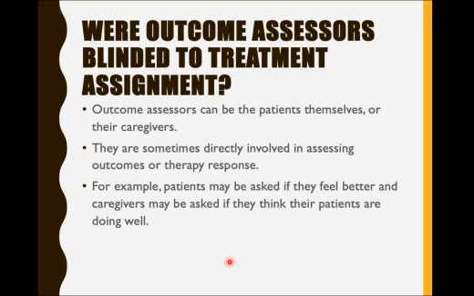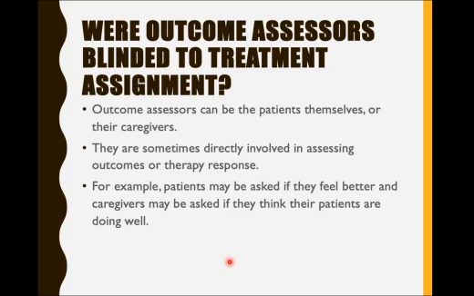You see, outcome assessors can be patients themselves or the caregivers, or the physician himself. But really, when you assess the patient as to their outcome, assessors need to be blinded.